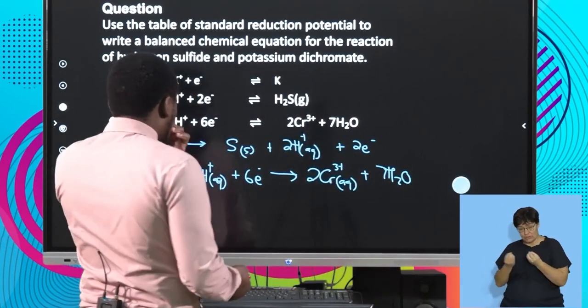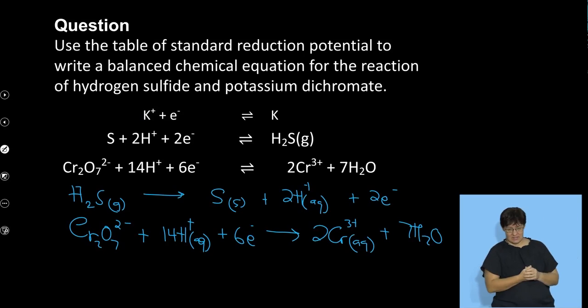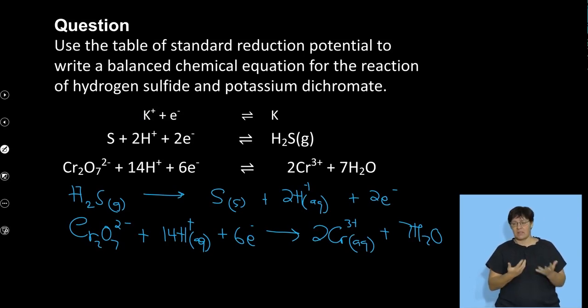Even from a simultaneous equation, to balance the electrons, we can multiply this by 3, and this one by 1. As a result, we'll have an equal number of electrons, 6 lost, 6 gained, right? If we do that, obviously the electrons will cancel themselves out.